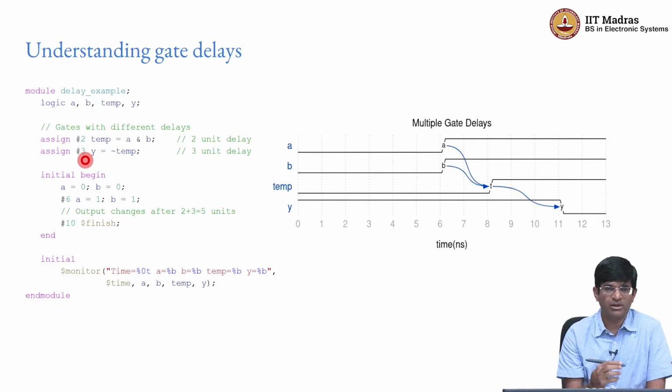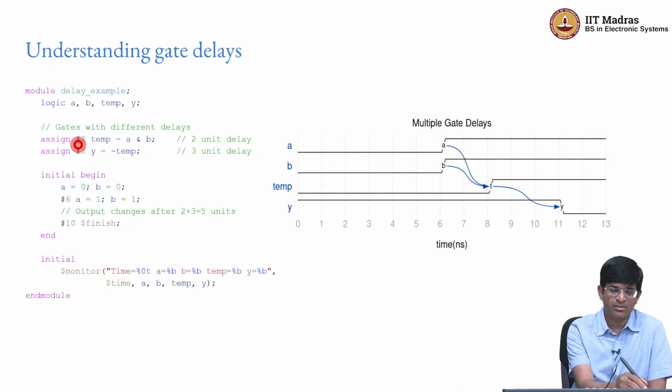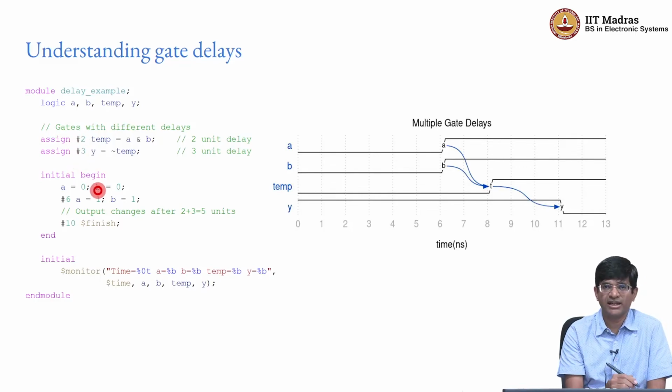The delay of the inverter will be something else which is determined by how it is actually constructed. It may be much less than 3 nanoseconds, it may be more than 3 nanoseconds in certain cases. The important point is the number that you put in here by itself cannot influence what the delay of the physical inverter is going to be.